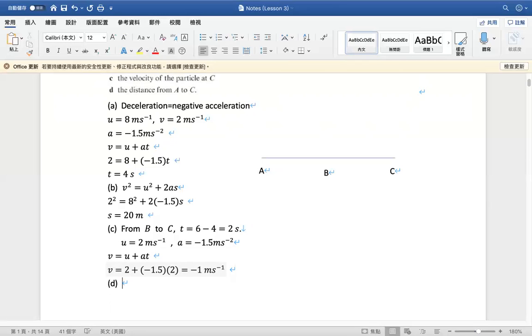That's different. Here we're talking about distance from A to C, so we want to find displacement.